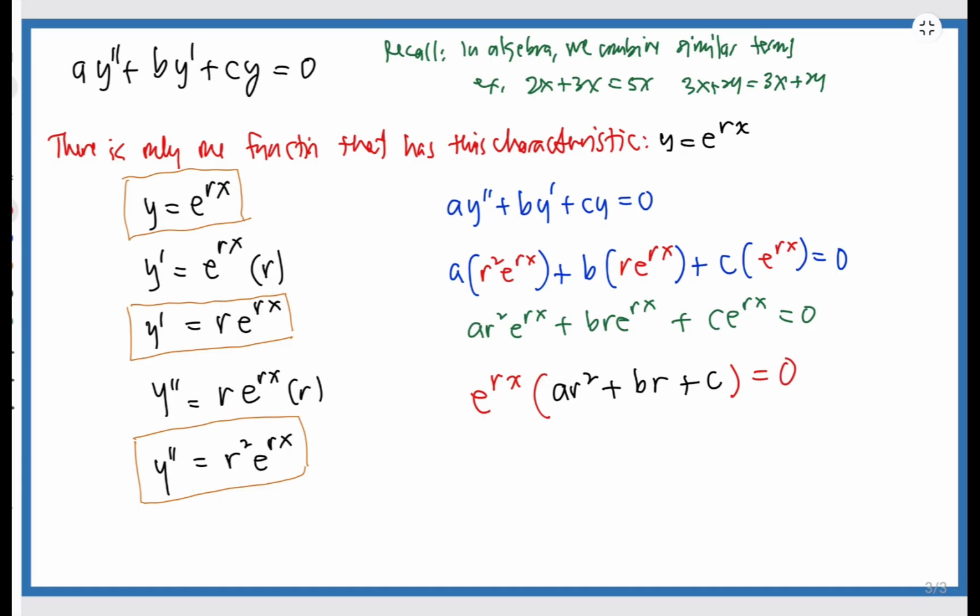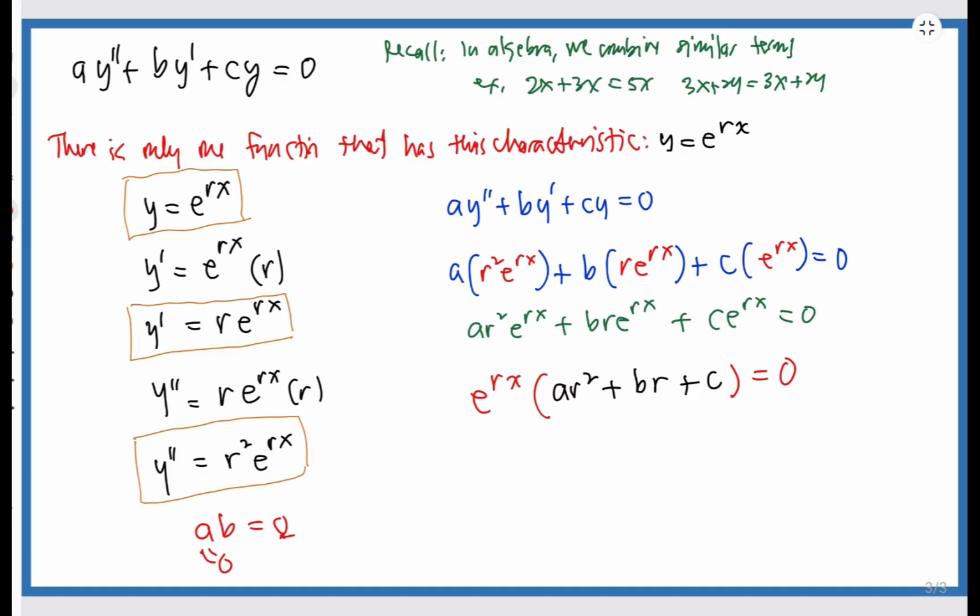If you recall in your algebra, if we have a product a times b equal to 0, what does this mean? This means that b should be equal to 0, so that when we multiply a times 0, the result is 0. Or if b is not 0, then we have to set a to 0.